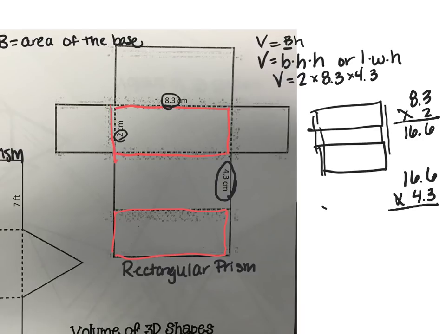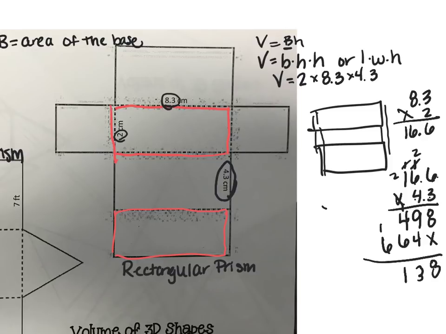So 3 times 6 is 18. 3 times 6 plus 1 is 19. 3 times 1 plus 1 is 4. 4 times 6 is 24. This is 26 and 6. 8, 13, 11, 7.